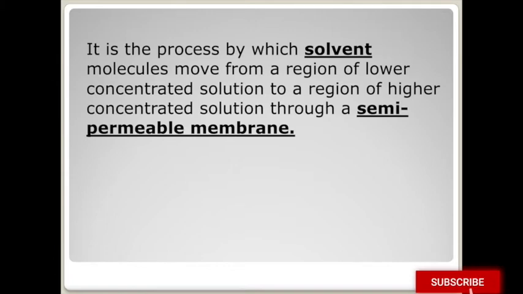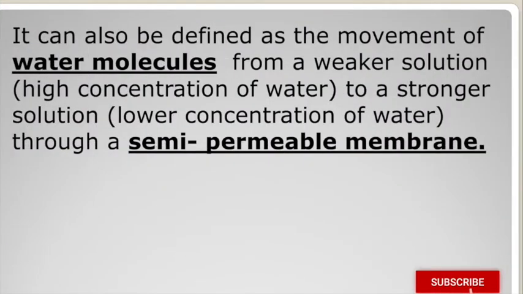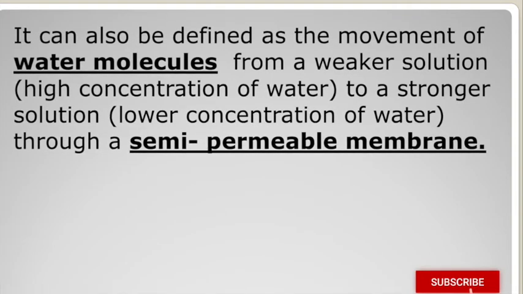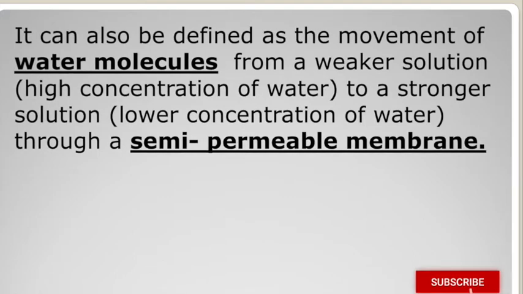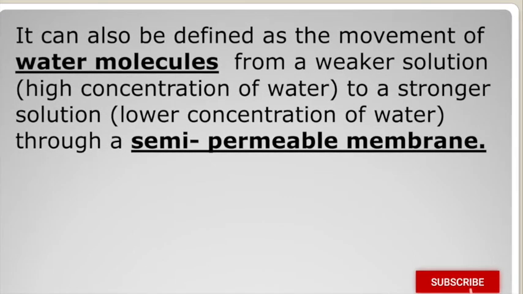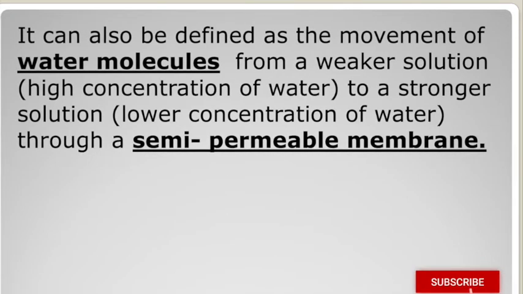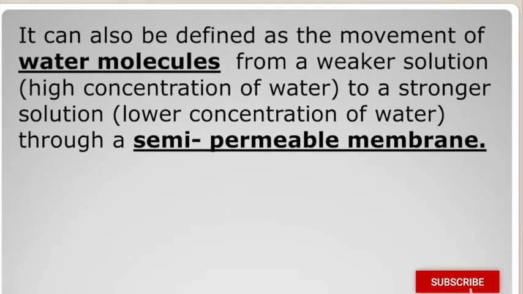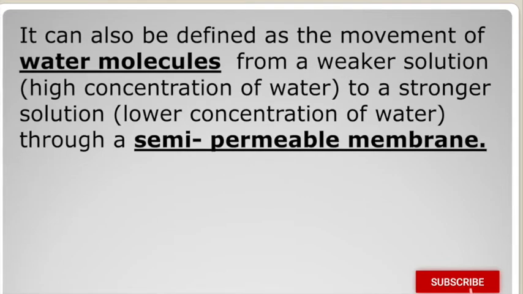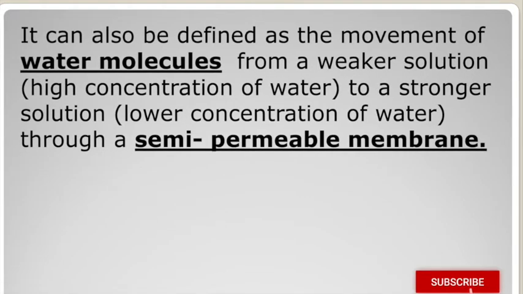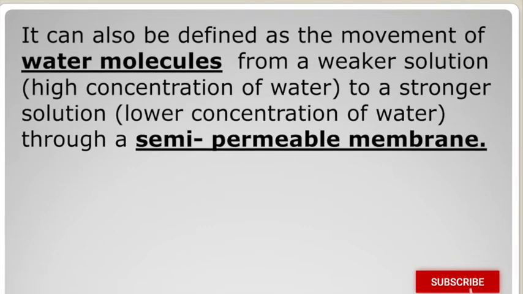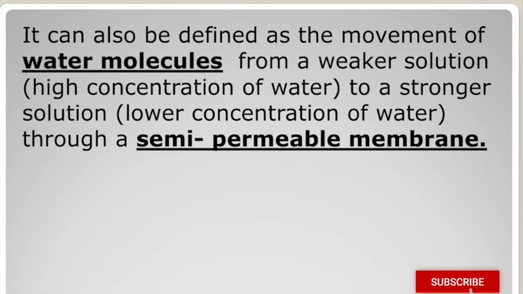There are some other ways by which we can define osmosis. So let us look at that. We can also define osmosis as the movement of water molecules from a weaker solution, which is more or less a higher concentration of water, to a stronger solution, that is a lower concentration of water, through a semi-permeable membrane.